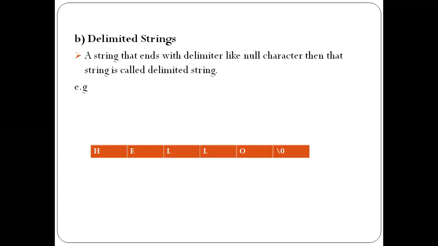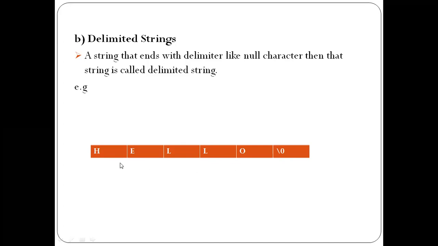Delimited string. A delimited string is one where the end of the string is the null character. A string that ends with a delimiter like a null character is called a delimited string. Here, hello ends with the null character.